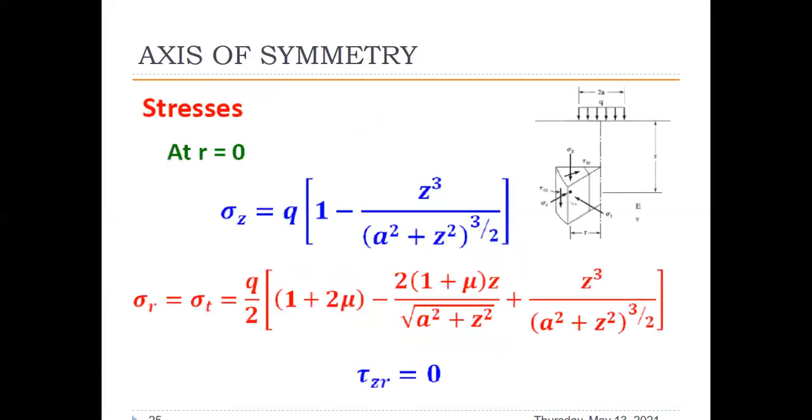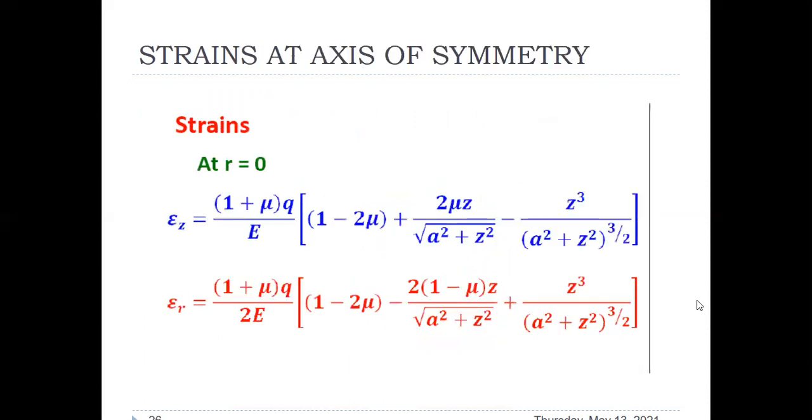Now, if you assume that the stress is calculated directly below the point, obviously R will be 0. So, all those equations, if you put R equal to 0, then you will calculate sigma z, sigma R, and Tz. Similarly, at R equal to 0, you will calculate strain in Z direction and radial strain. Again, all the things are known to you.